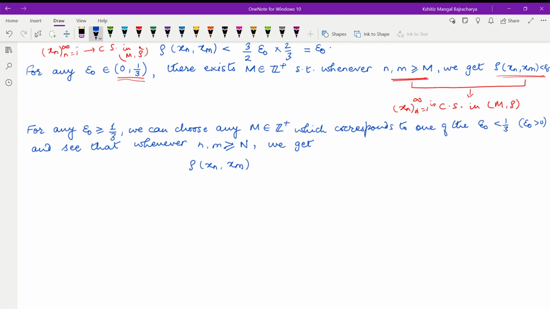Since it was initially for epsilon naught, we're going to get something like this, but since epsilon 1 is by our choice greater than the smaller epsilon, we're going to get something like this. So for any epsilon 1 greater or equal to 1 by 3, this inequality still holds.